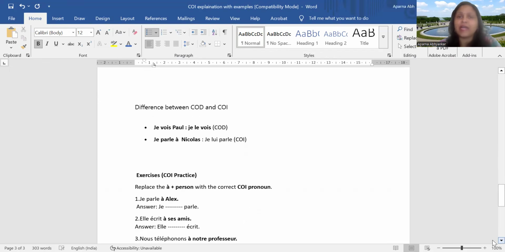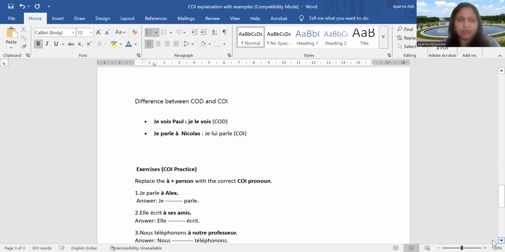We have a direct object. Je vois qui? Je vois Paul. So for COD, we ask the question qui or quoi. If we get the answer directly, it is a direct object. Je vois qui? Je vois Paul. So I replace it with COD le, third person masculine singular. Je le vois. Placement is before the verb.